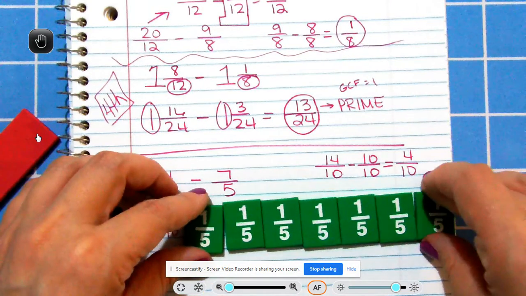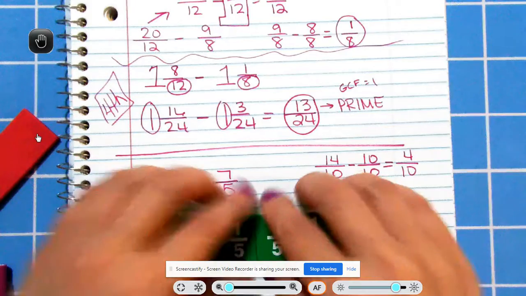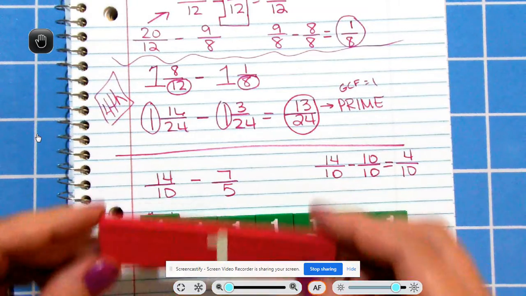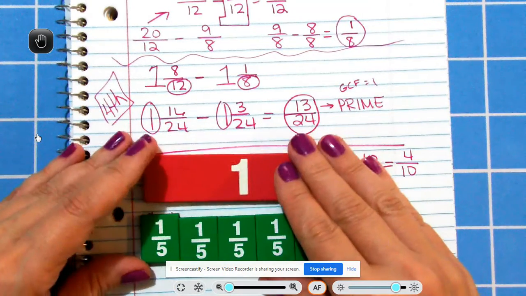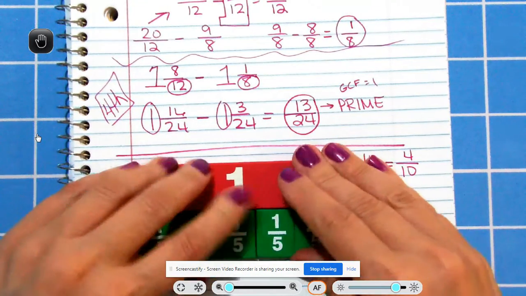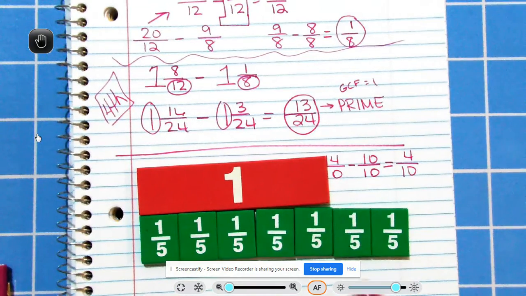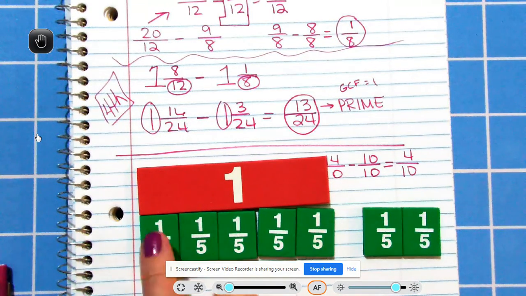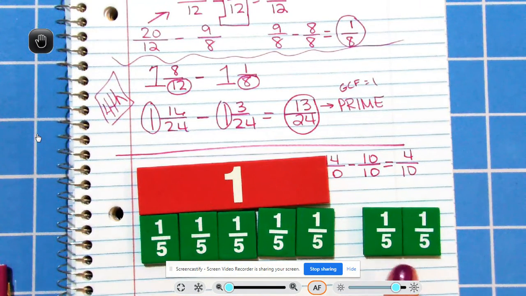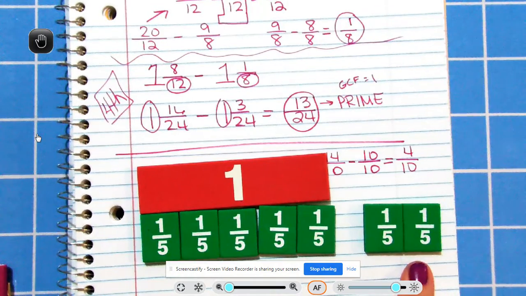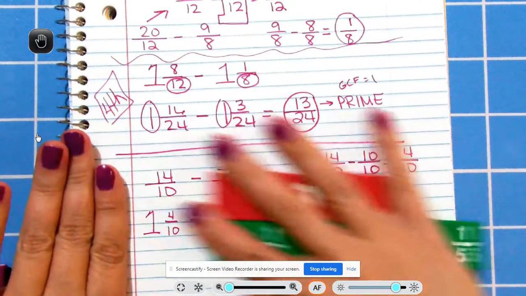There's 7 1/5 pieces. How many fifths can I cash in for one whole? One, two, three, 4, 5/5, which would leave 2/5 left over. So it's going to be 1 and 2/5.